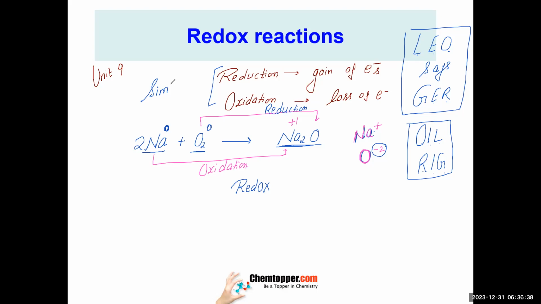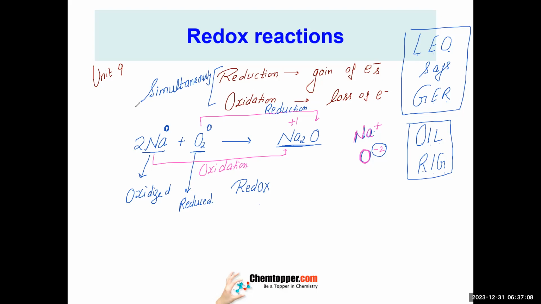One will get oxidized, the other will get reduced. Like here, sodium is getting oxidized and oxygen is getting reduced. We say redox reaction, and both reactions take place simultaneously, meaning together.